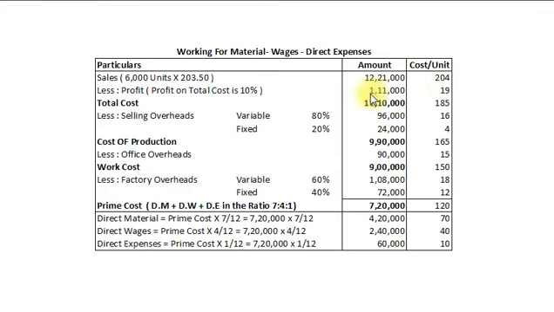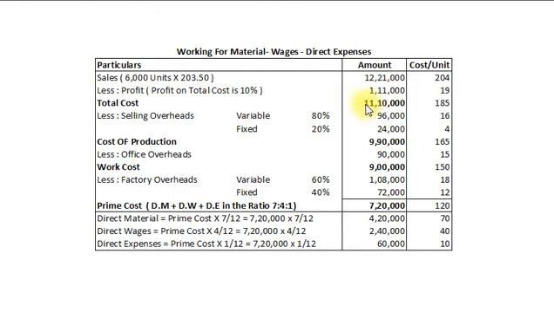Profit is already given, total profit 1,11,000, so per unit it is 19 rupees. So our total cost amounts to 11,10,000, that is sales minus profit. Now you can simply check over here, our profit is 10% of total cost.